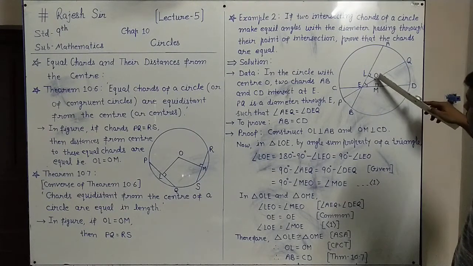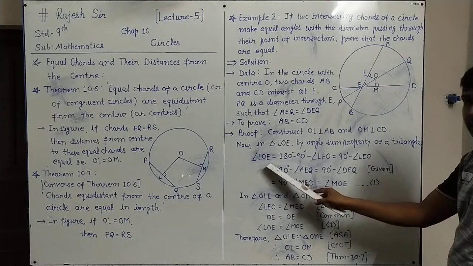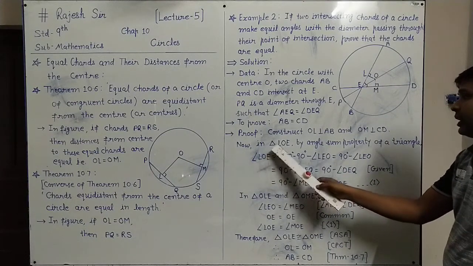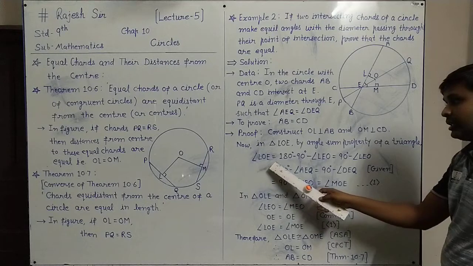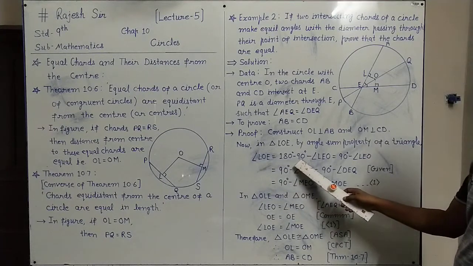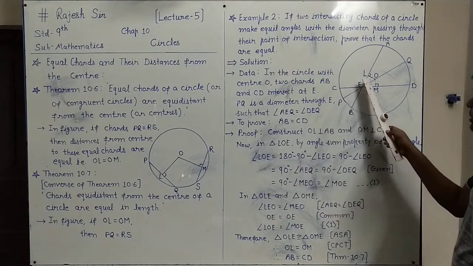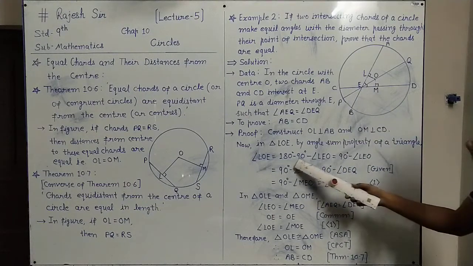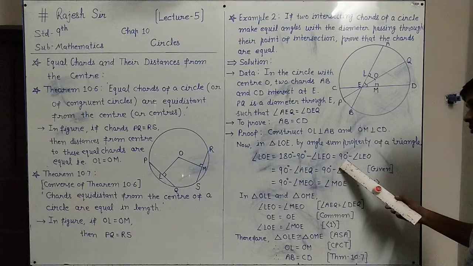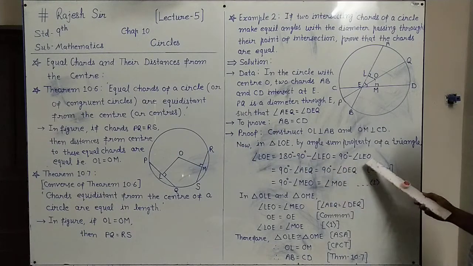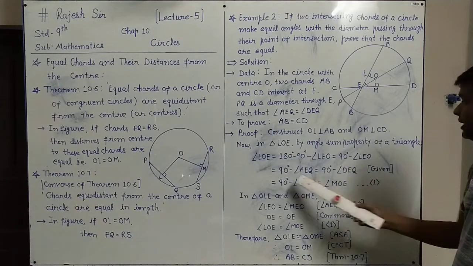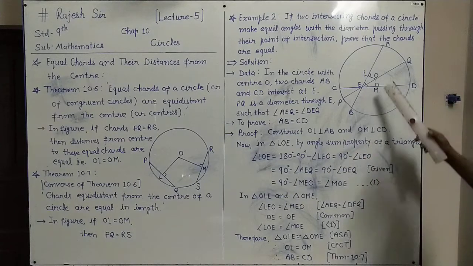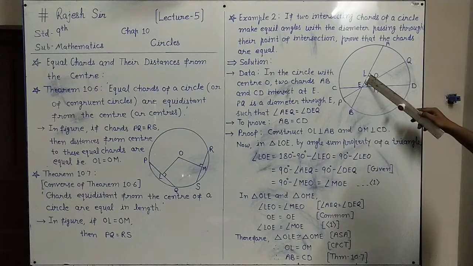So in triangle LOE, angle LOE equals 180 minus the remaining two angles, minus 90 and minus LEO. Now 180 minus 90 is 90, minus LEO as it is.